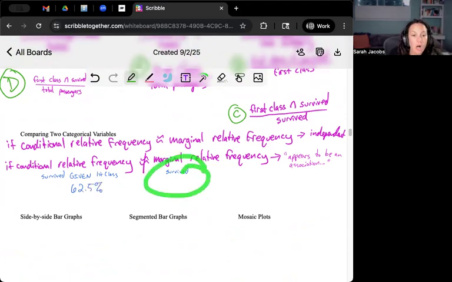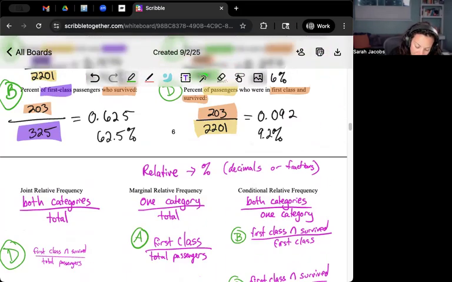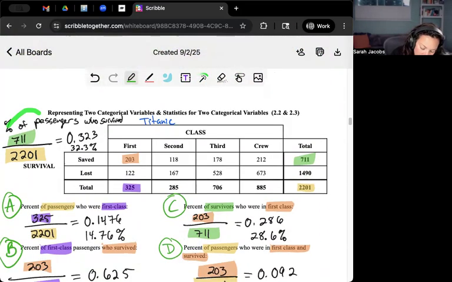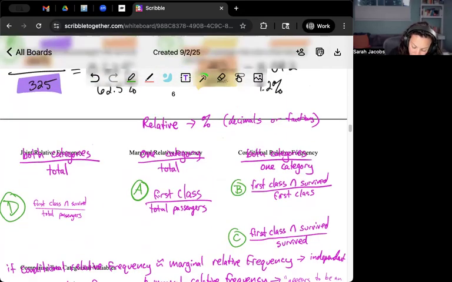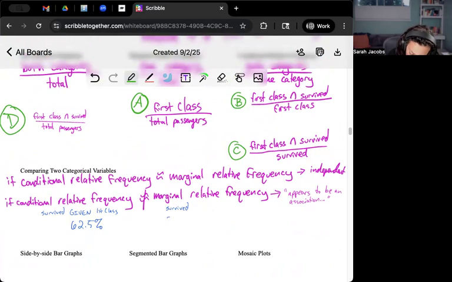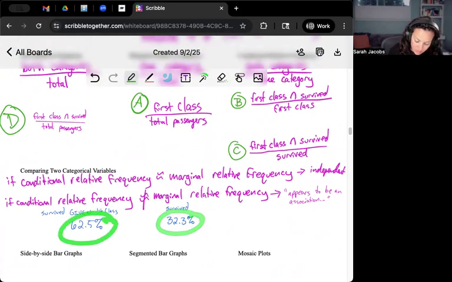Compared to our overall percent who survived. I believe we did that up here. Overall percent of passengers who survived, that was 32.3%. Okay. Now, we'll get into with inference whether this is actually a significant difference, but I would say these are pretty different percentages.